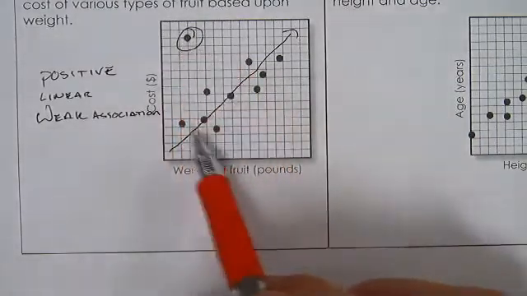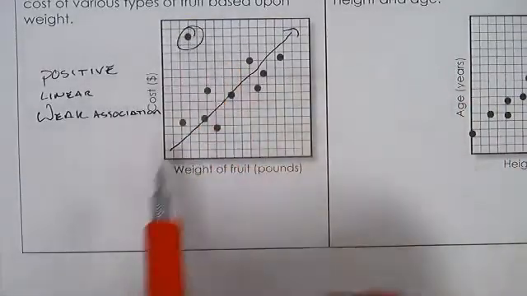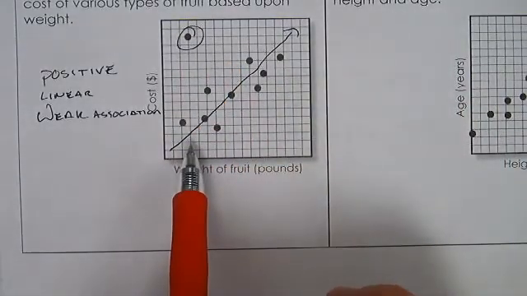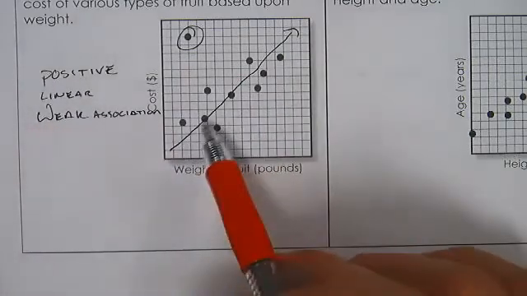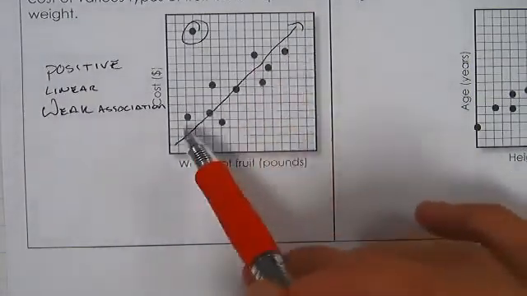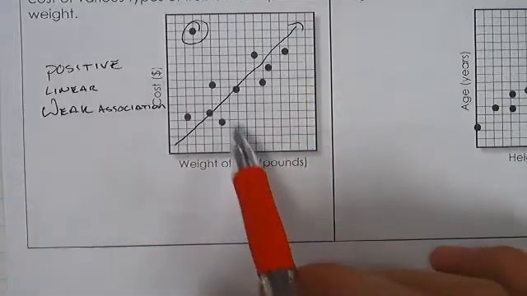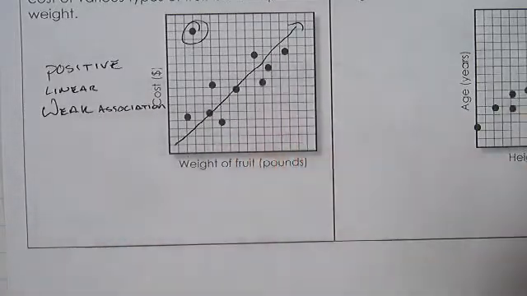He doesn't fit what the norm would be. So that's where we get that outlier definition. But again, we do have a positive trend going up. It does follow somewhat of a linear path, but it's kind of weak. These things are a little scattered around what we would think of as the path.